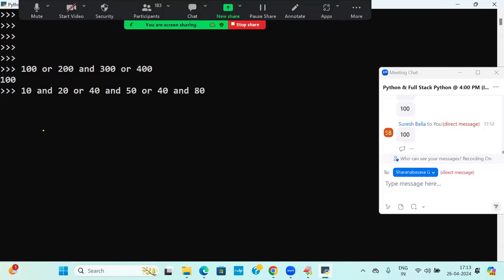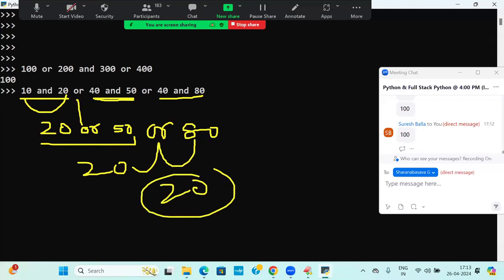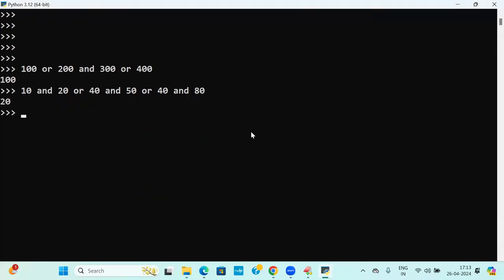First you evaluate the and parts. 10 and 20 gives 20. 40 and 50 gives 50. 40 and 50 and 80 gives 80. Now 20 or 50 or 80 is 20. This is the answer. Are you following?